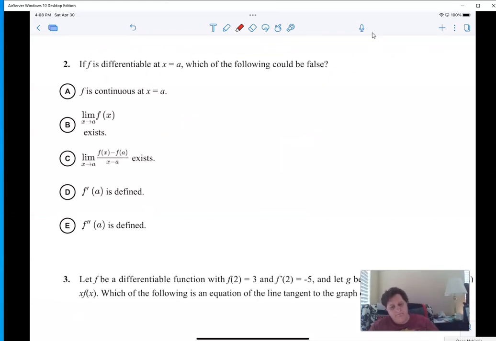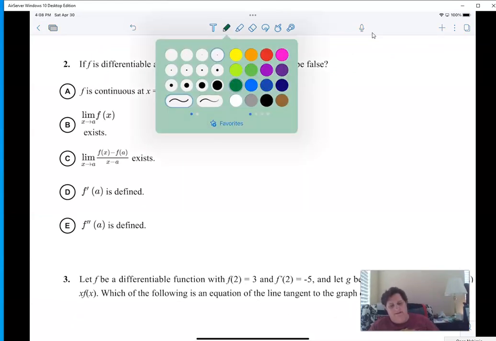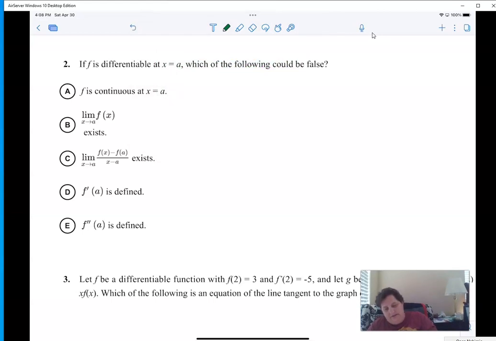Okay. All right, this is going to be more of a thinking question, right? Okay, so what does differentiable mean? Well, we know that if something's differentiable, it has to be continuous. So that's definitely true. All right. Now, does the limit have to exist? Well, let's see.